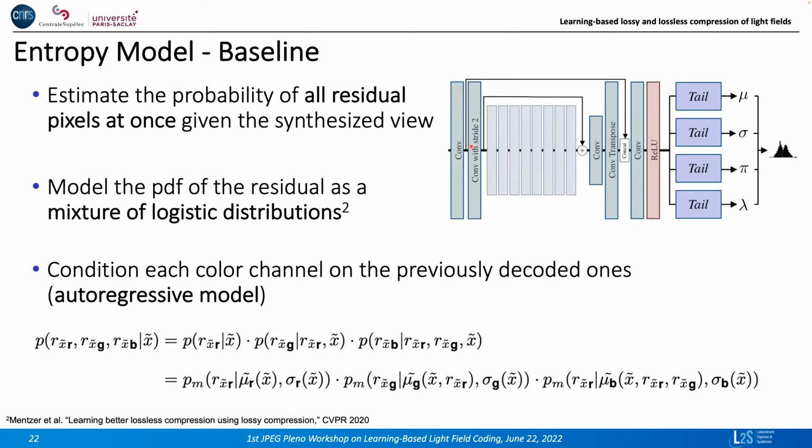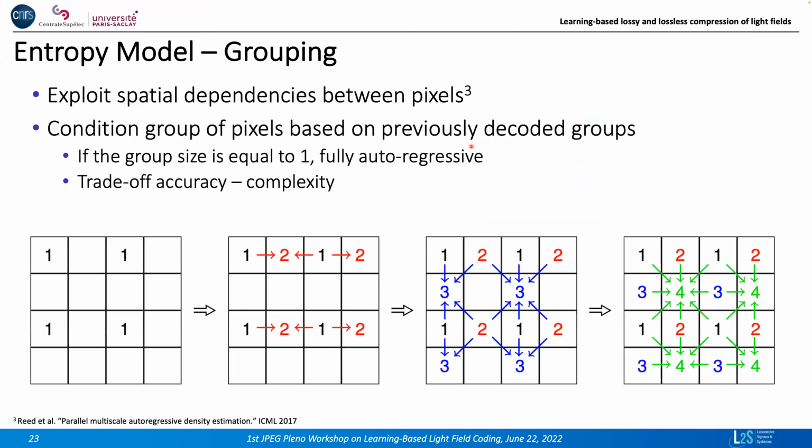Again, the baseline here is that we decode all the pixels of the residual view in parallel. But we can do even more. We propose another model that is based on grouping, which consists in decoding only a subgroup of the pixels of the residual. Once you decode this group of pixels, you can go to the next group of pixels, denoted here by 2.